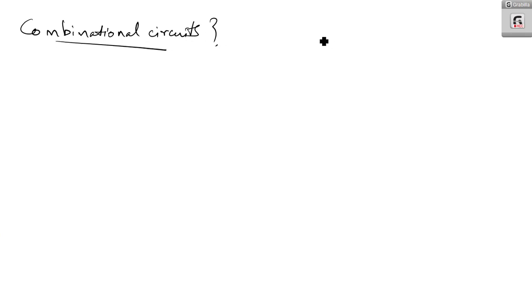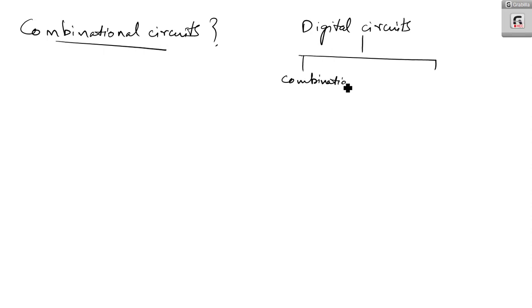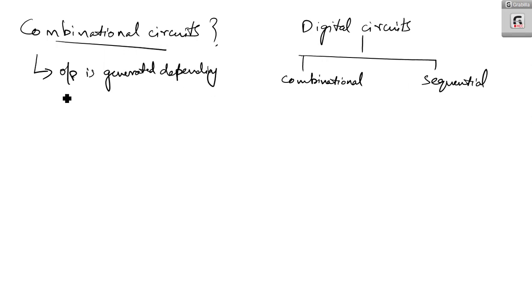See, basically in digital electronics or digital circuits, circuits are divided into two. One is combinational circuits and the second one is sequential circuits. Now, combinational circuits are the type of circuits in which the output is generated depending on the present input.